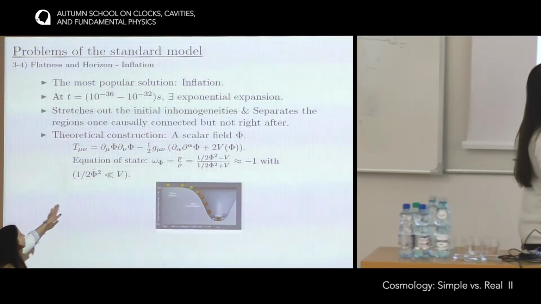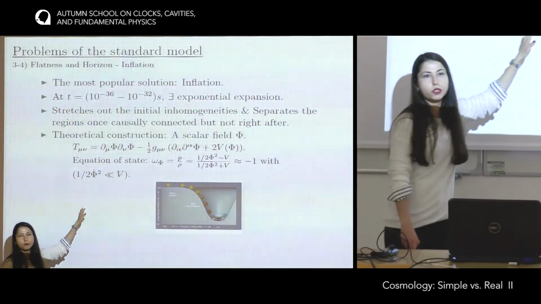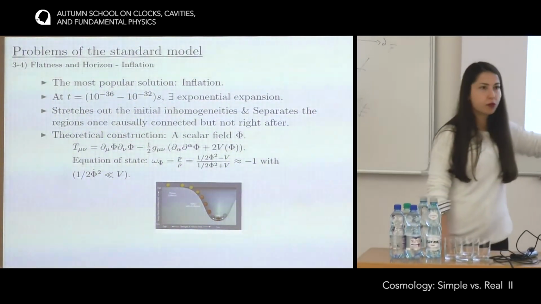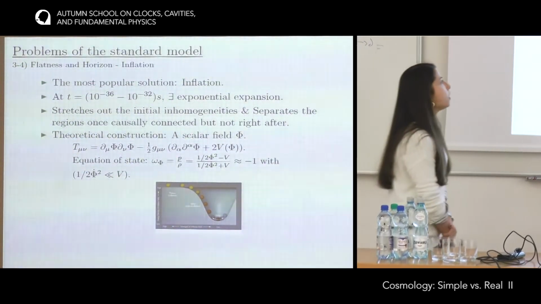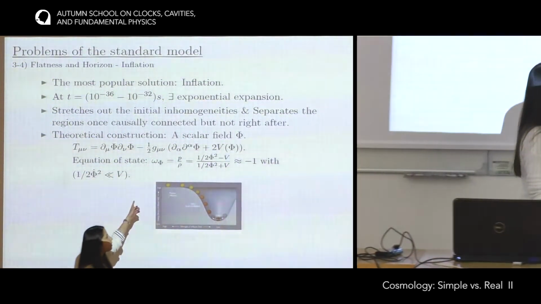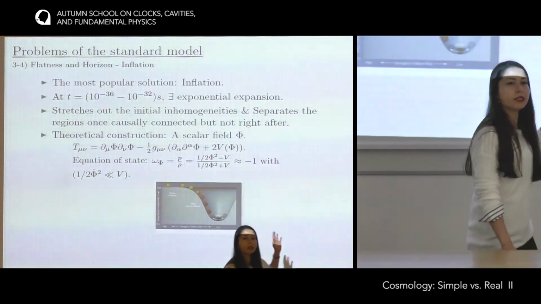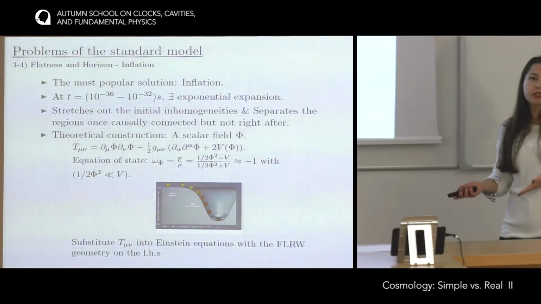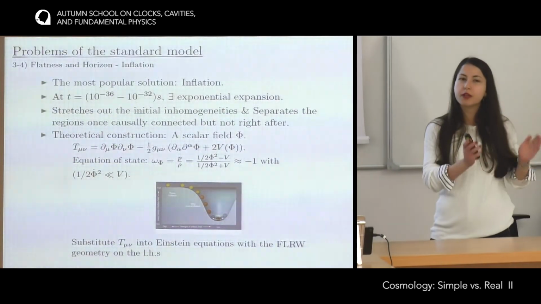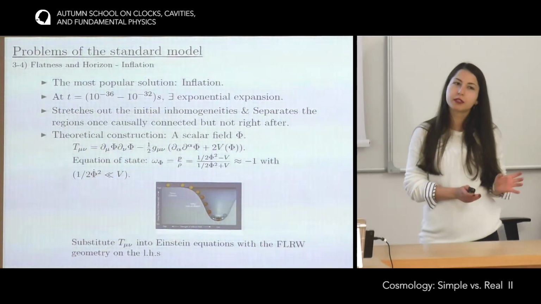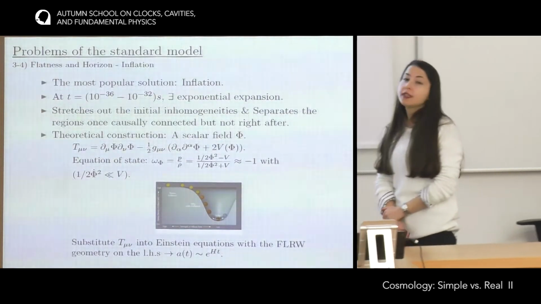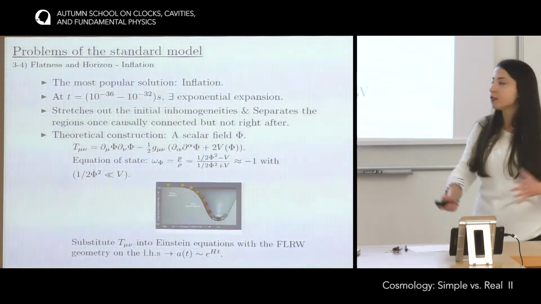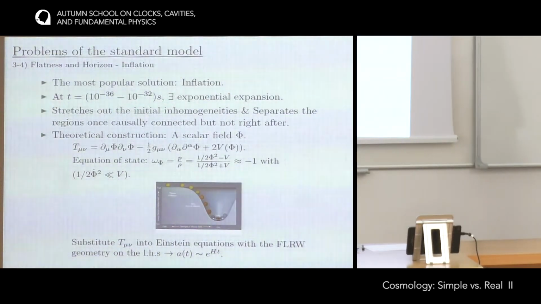If your potential has a slow roll, which means initially it has a plateau and then slowly rolls down to a lower value, then this omega in the equation of state roughly becomes -1. When you plug this into the Einstein equation with the simple FLRW solution on the left-hand side, you get an exponential expansion for your scale factor. So the universe expands in this very short amount of time.